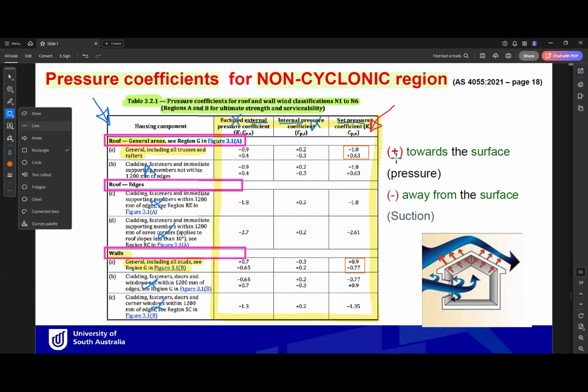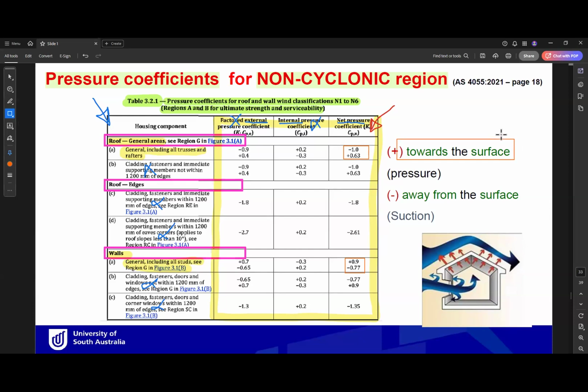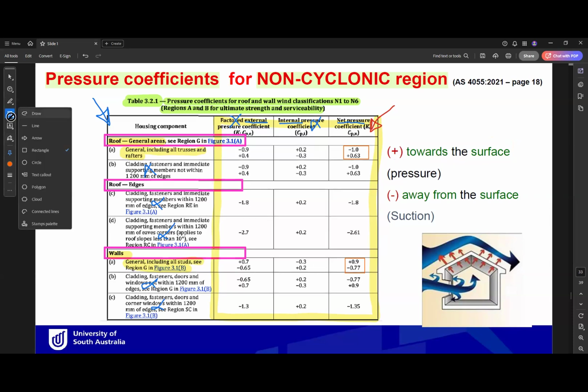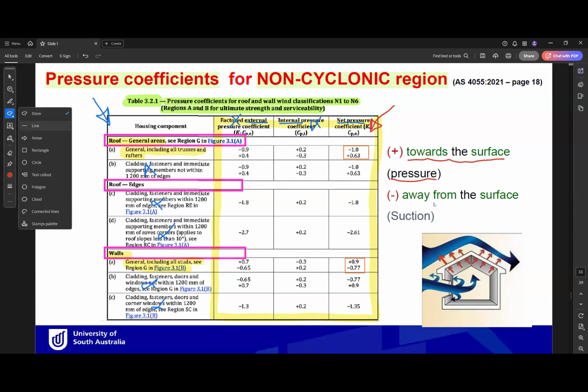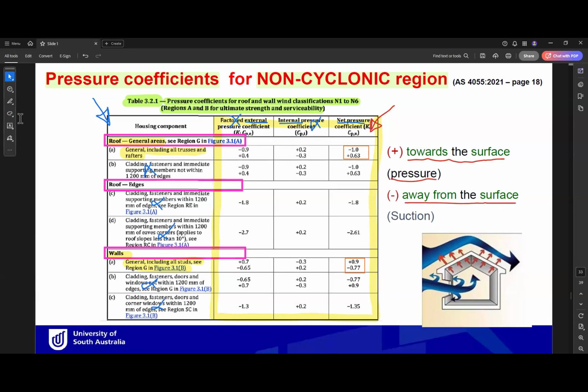The positive sign indicates we have pressure, or force towards the surface. If the coefficient is positive, this means the force is pressure. If the sign of the parameter is negative, this means away from the surface, or suction. This means that negative 0.1 is suction and positive 0.63 is pressure.